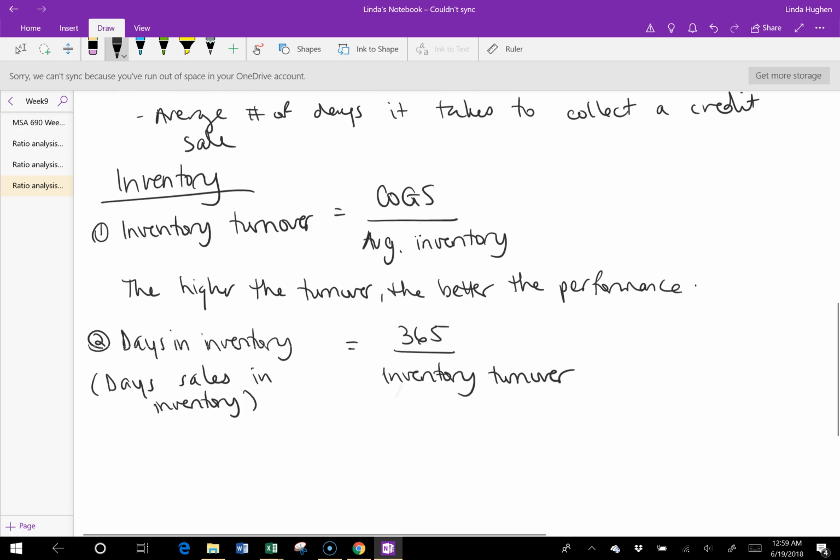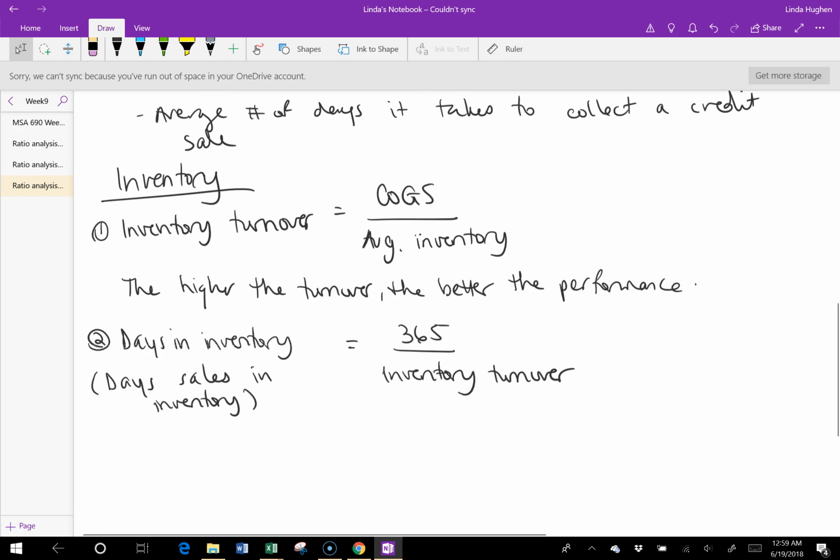An estimate of how long it takes a company to sell its inventory, and of course the lower the number of days in inventory, the better. Picture your grocery store. Clearly you don't want to have inventory sitting around for too long.